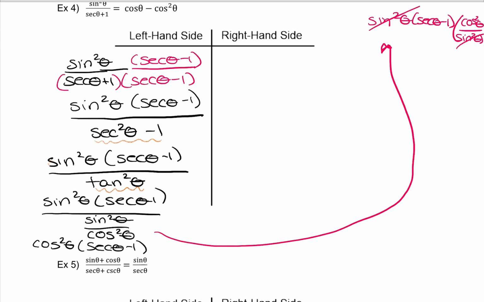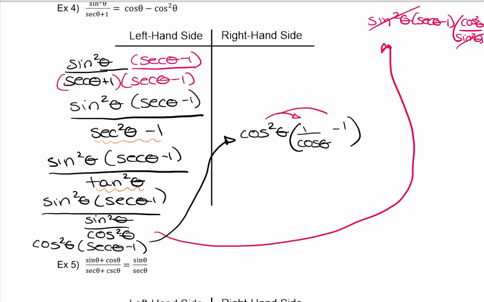All right, so we can keep working with the left-hand side. We're starting to run out of a little bit of room, but I'm just going to keep going with it, pretending that I have more room. Maybe I'm going to work up here. So now I've got the cos squared theta, and I'm going to change the secant to 1 over cos theta minus 1. So this is still a continuation of the left-hand side.